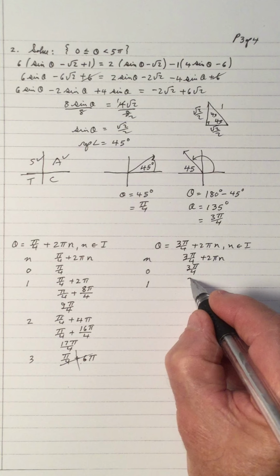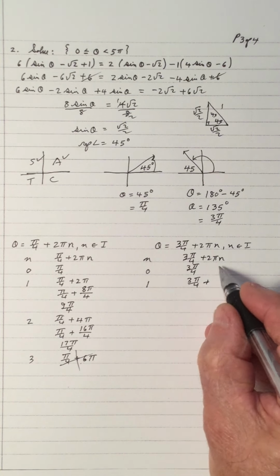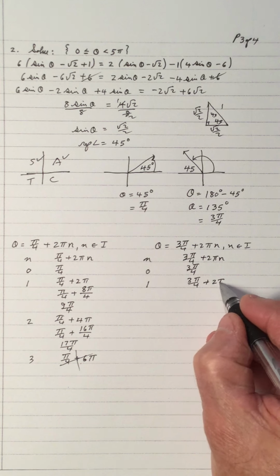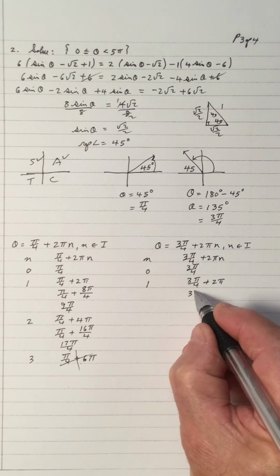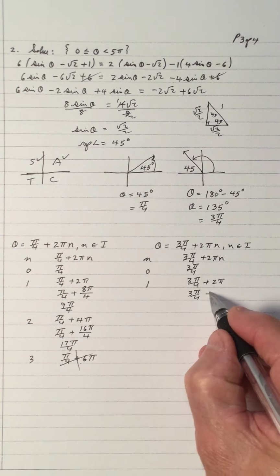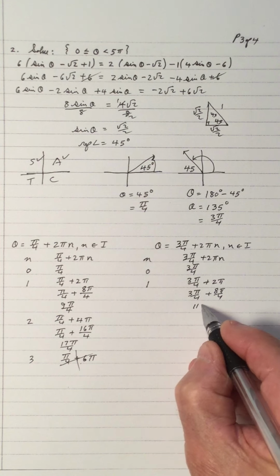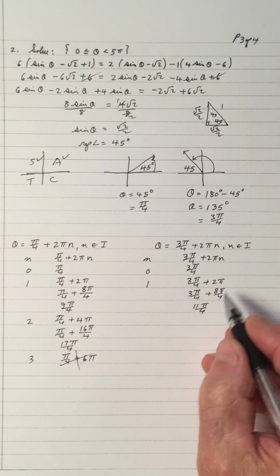N is 1. So we get 3 pi over 4 plus n is 1, so we have 2 pi. So that's 3 pi over 4, and 2 pi here was 8 pi over 4. So that's 11 pi over 4.